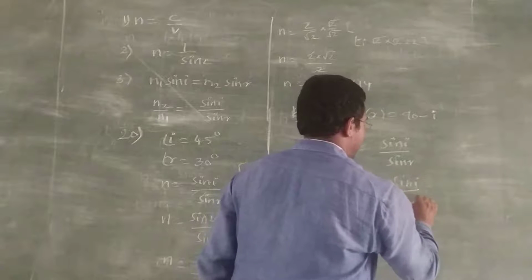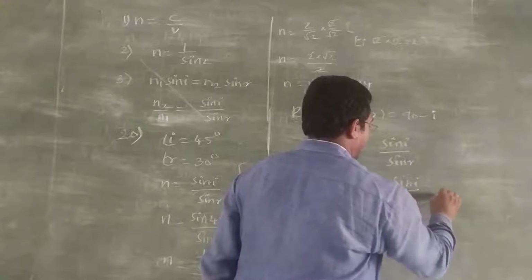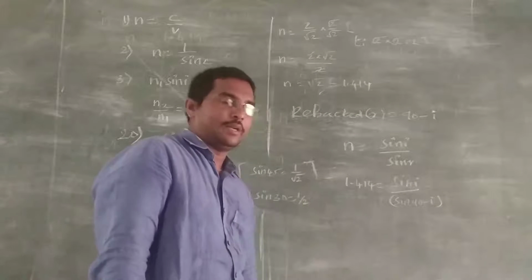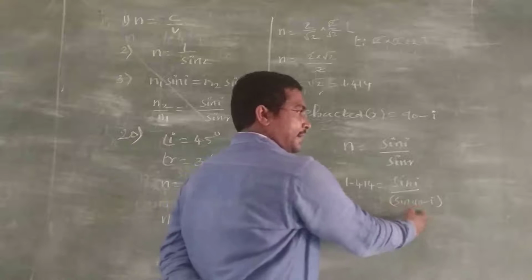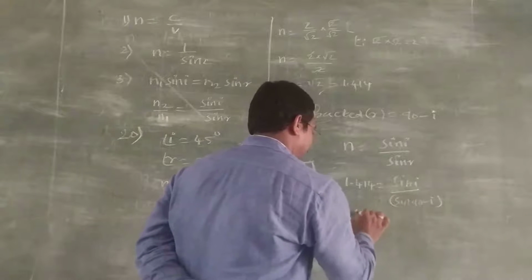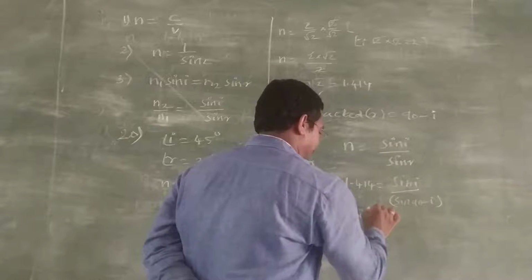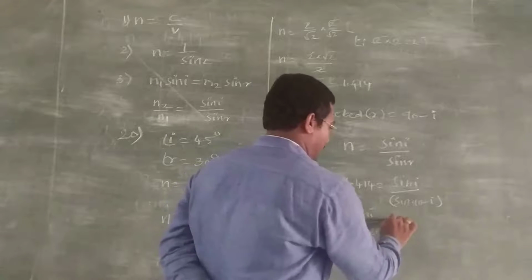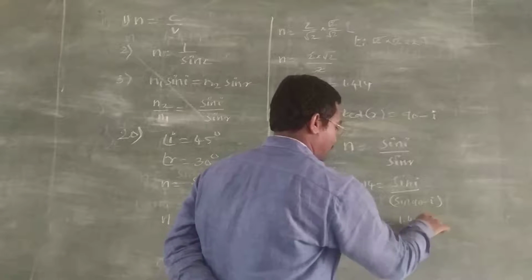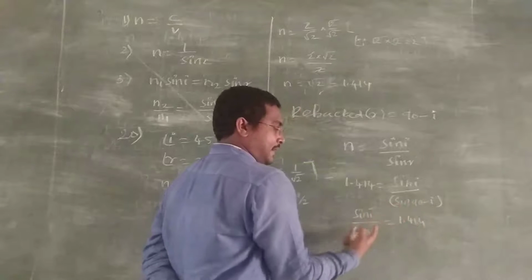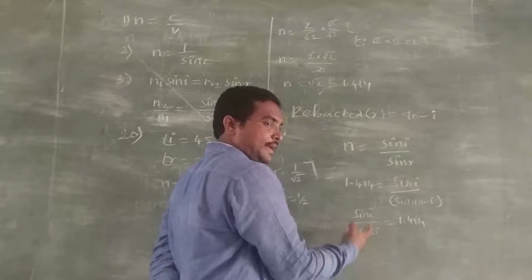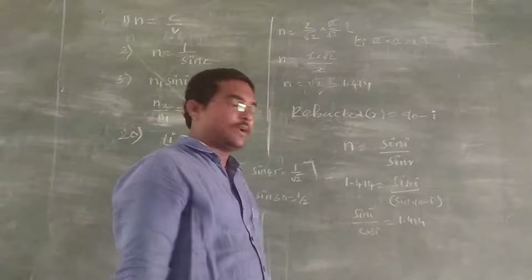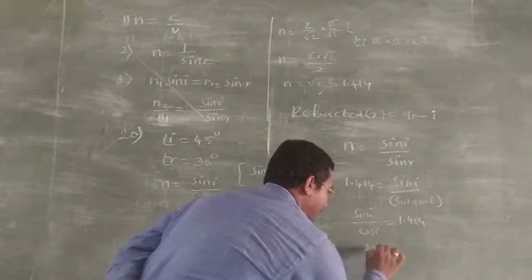Sin r is sin 90 minus i. As per trigonometry, sin 90 minus i we write as cos i. So 1.414 is equal to sin i by cos i. Now sin i by cos i is equal to tan i.